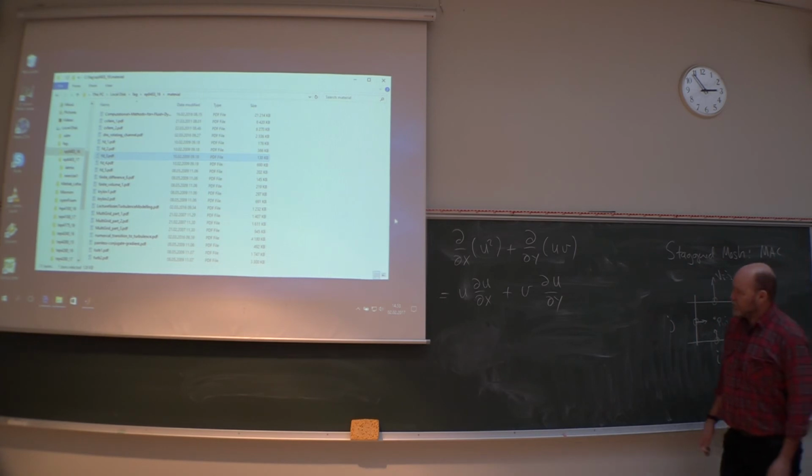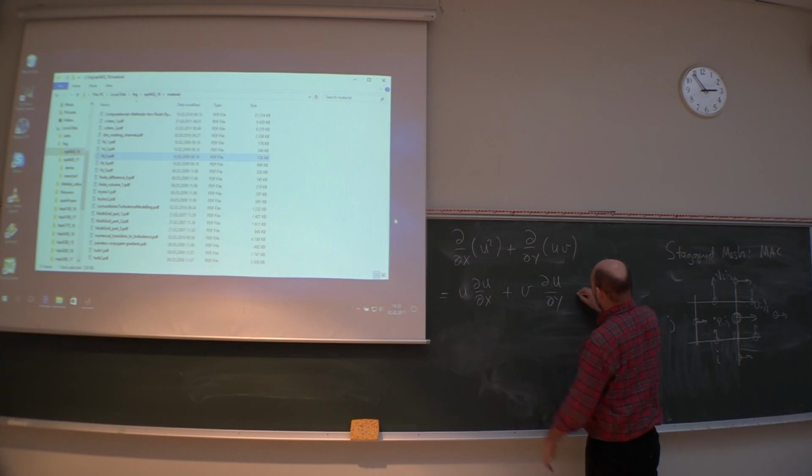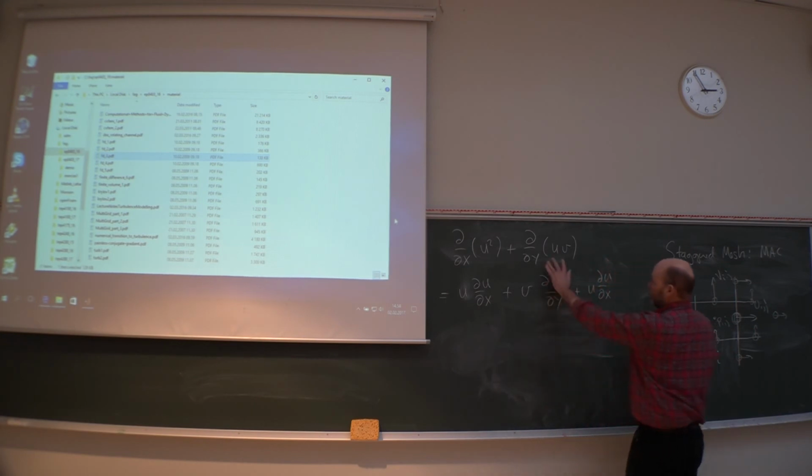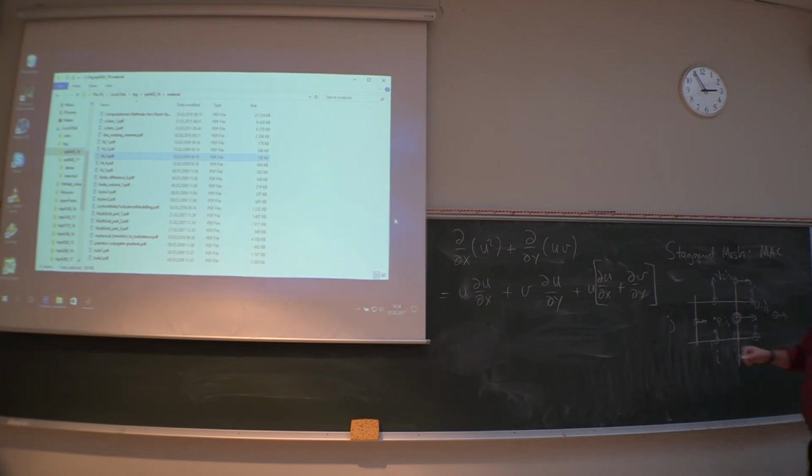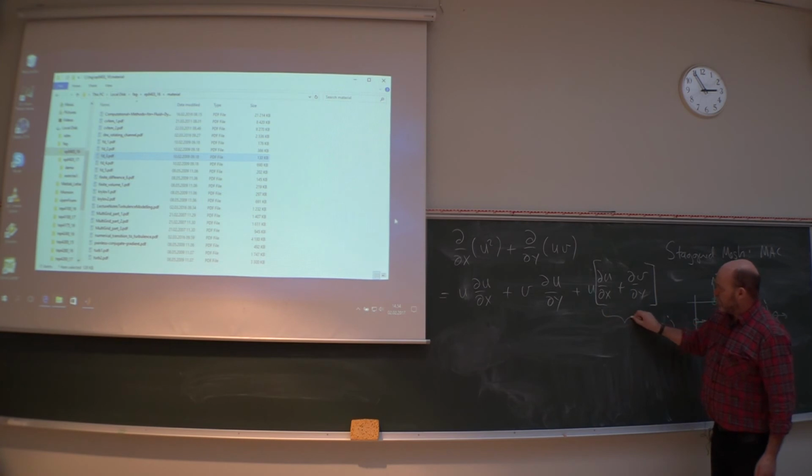Now we are back with the convective terms as we normally write them in the Navier-Stokes. But I'm not finished. I still have one more of these, u du dx. And then I have the other one here, u outside, and then dv dy. I need that one as well. But there you see the trick. This one I can say is 0 because this is the same as the divergence of the velocity field.